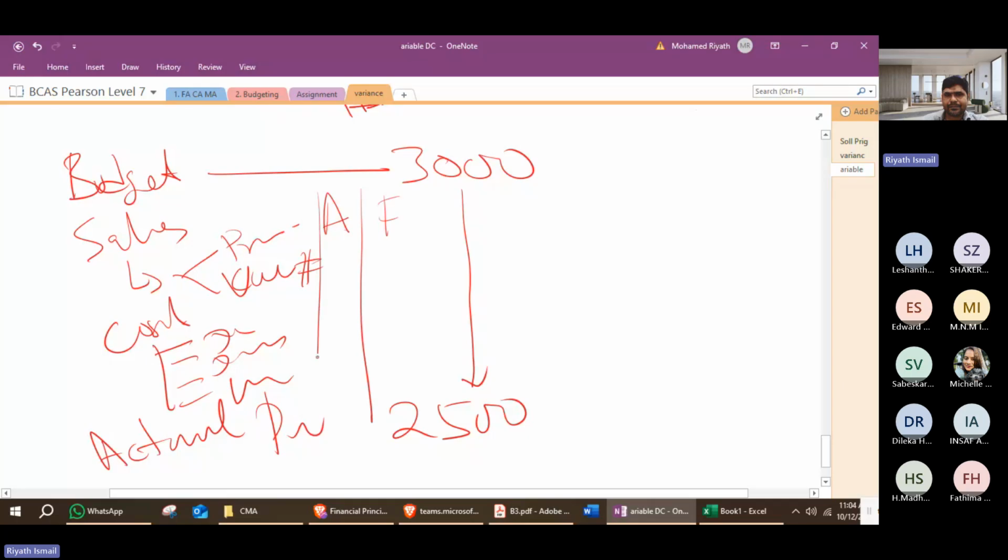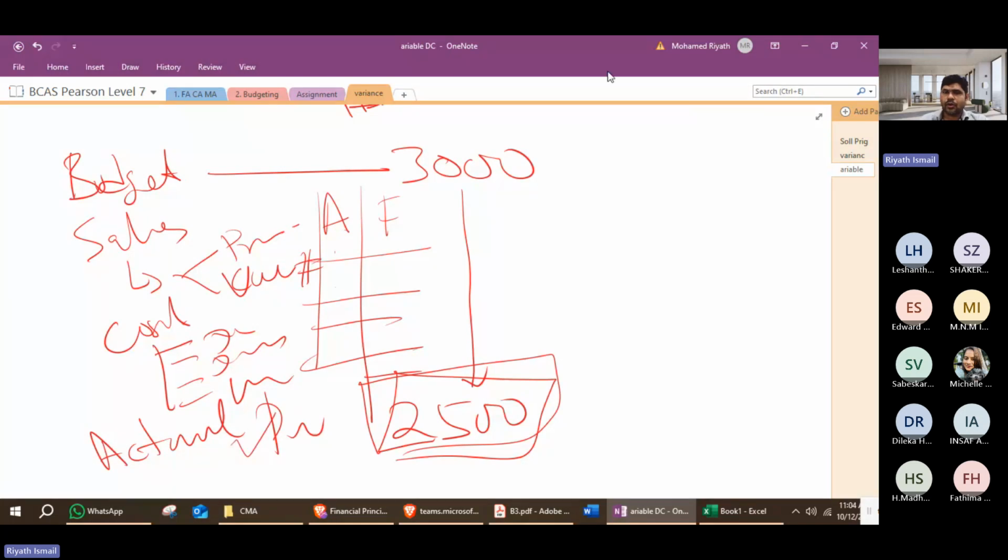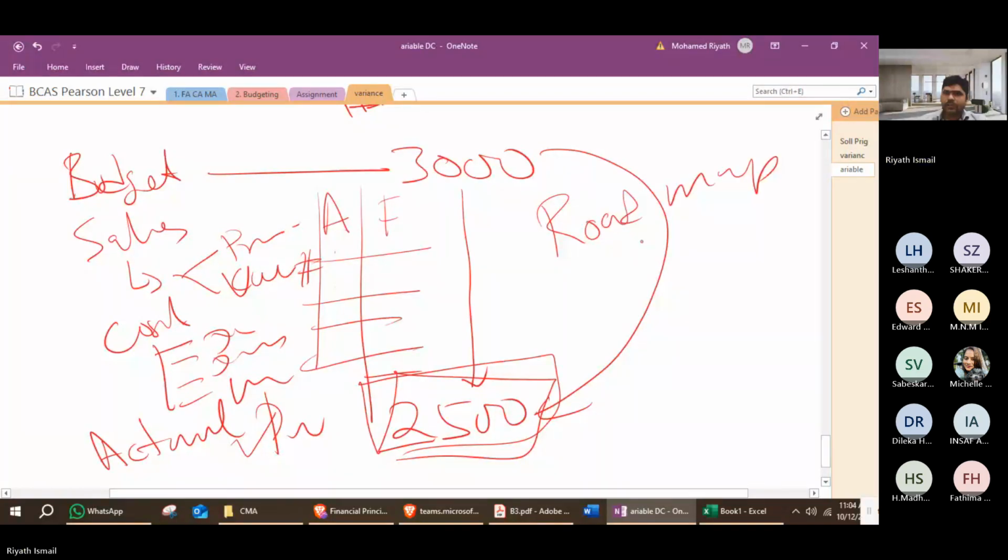You have to categorize them. Then you have to prepare a report that finally these are the reasons, and by adjusting these things, they can reconcile the actual profit. So they are giving a roadmap, why we arrive at these differences.